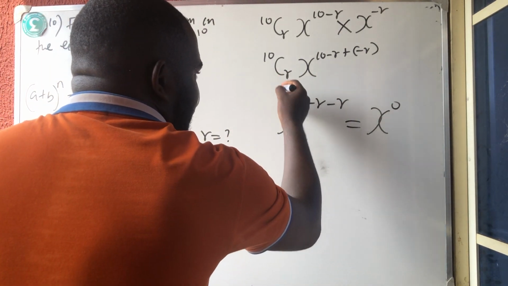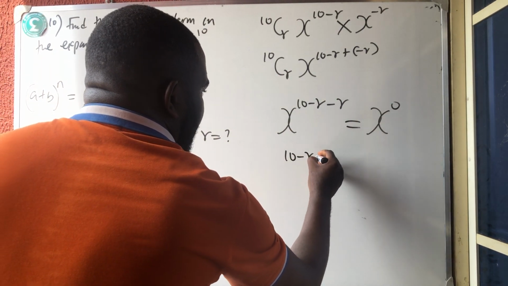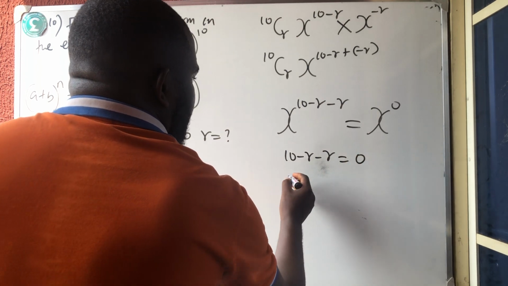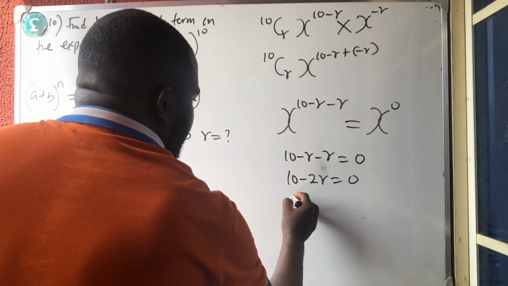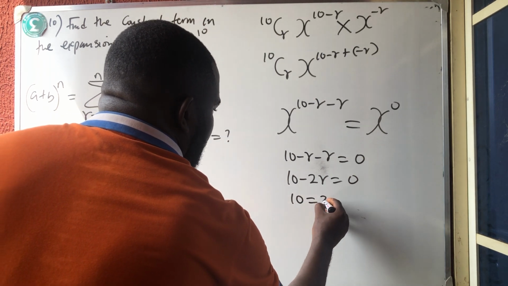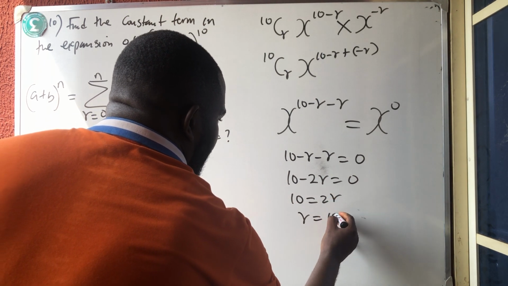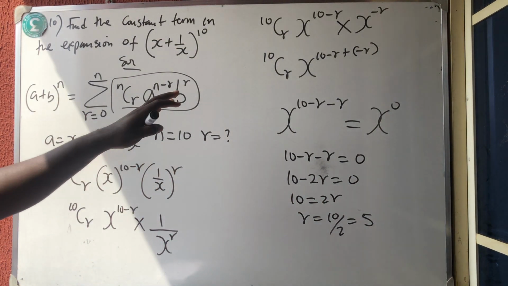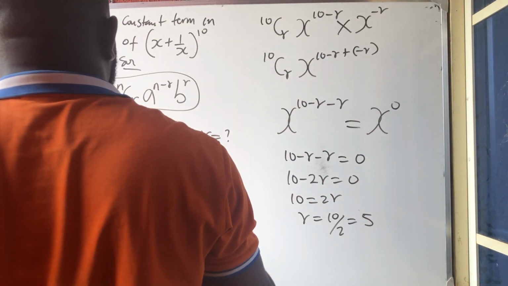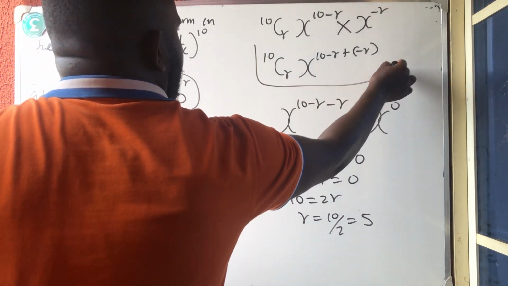So 10 minus 2r is equal to 0. Therefore 10 is equal to 2r, and r is equal to 10 divided by 2, which is 5. Immediately you have gotten your 5, come back and put it in that equation.